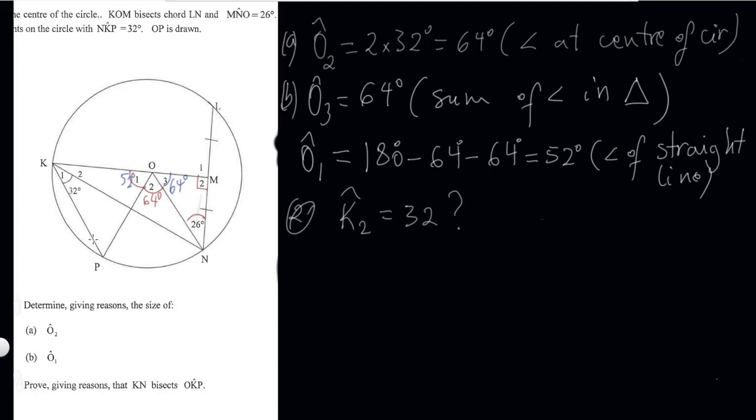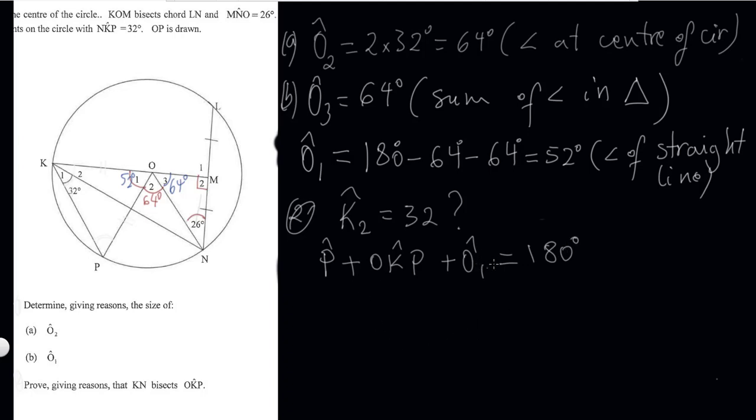Meaning that this angle with the angle OKP should be equal, because the angles opposite the two equal sides of an isosceles triangle are equal. Now, this angle is 52, so the angle P plus the angle OKP plus the angle O1 should give you 180 degrees.